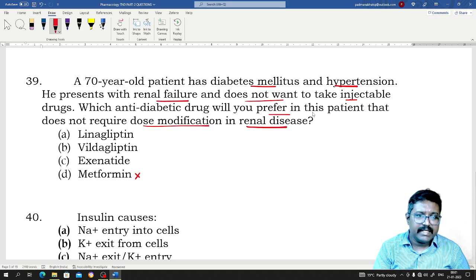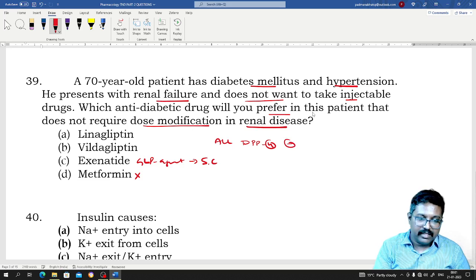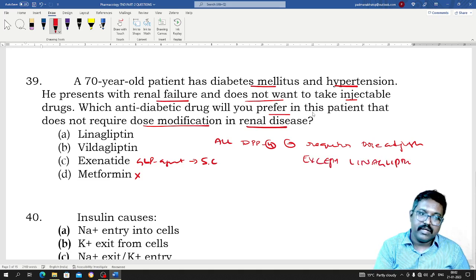Exenatide is again a GLP agonist given by subcutaneous route, and these two are DPP4 inhibitors. Please remember, all DPP4 inhibitors require dose adjustment except for linagliptin. So here the answer will be your linagliptin.